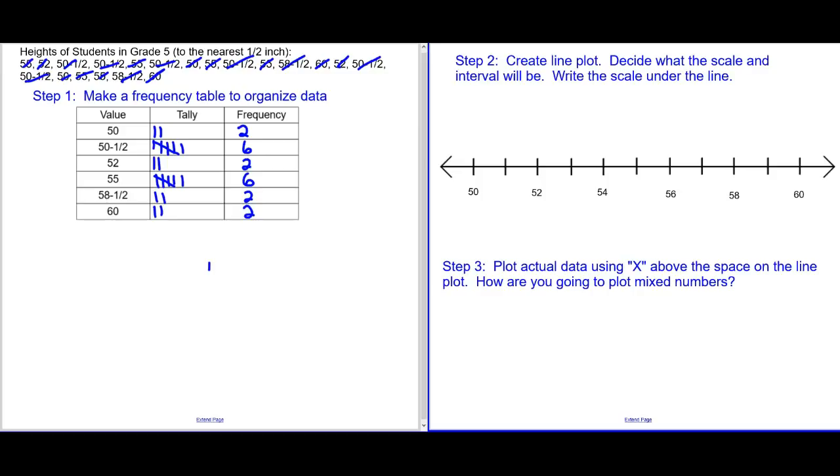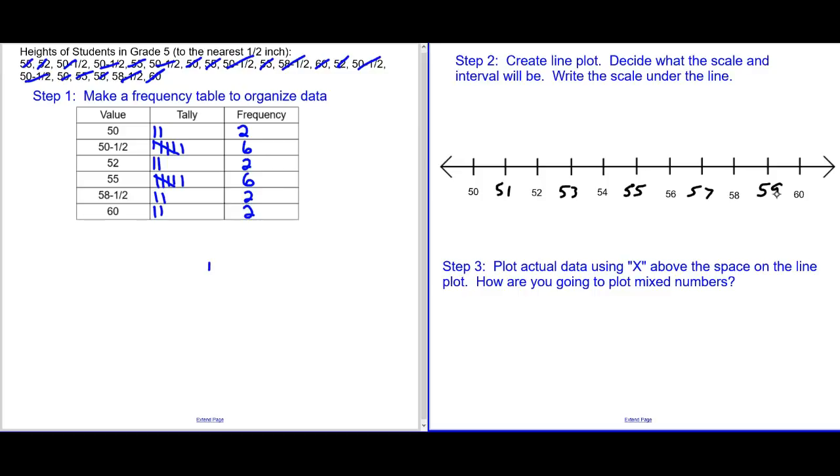It wouldn't be very difficult. I would just have to put in 51, 53, 55, 57, 59. But just having those in between lets you know that it's halfway between 50 and 52, which would be 51.